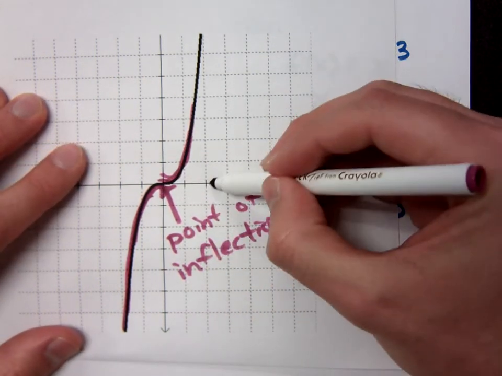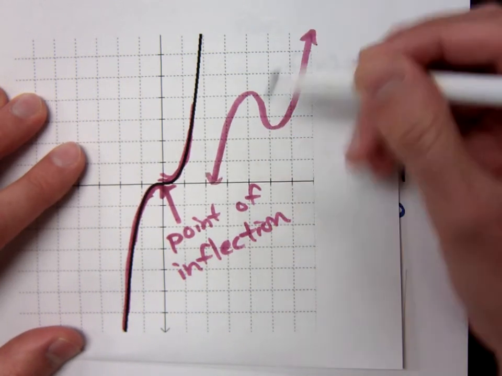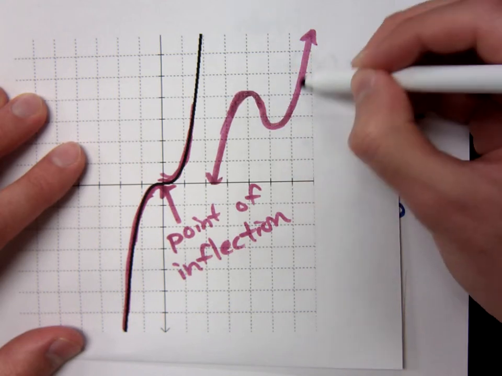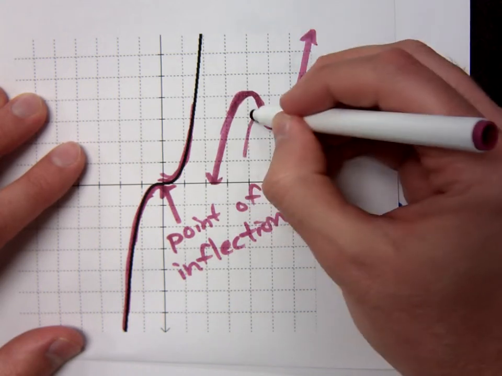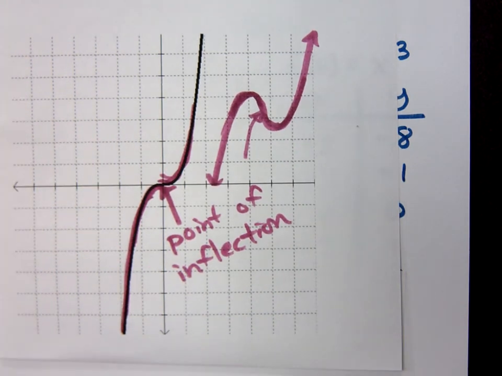Even if I had something that's based off of the cubing function that looks like this, notice how you're curving down right here, opening down, then this guy's opening up. Your point of inflection would be that point right there, where you change your curvature. The calculus word we use is called concavity.